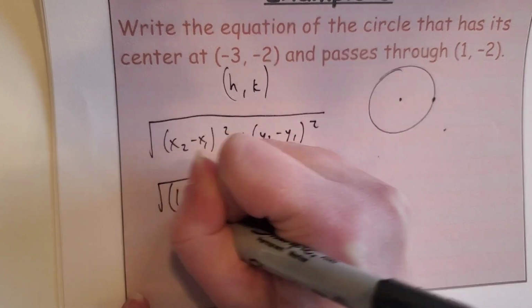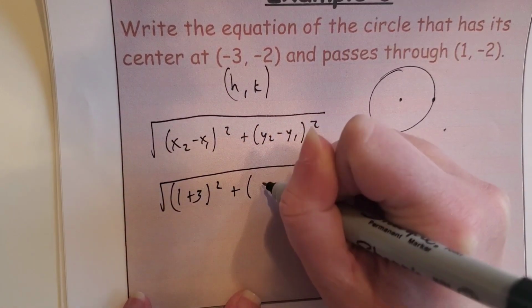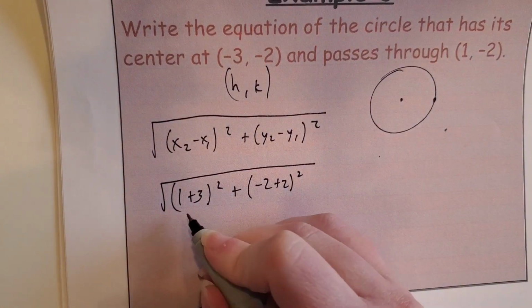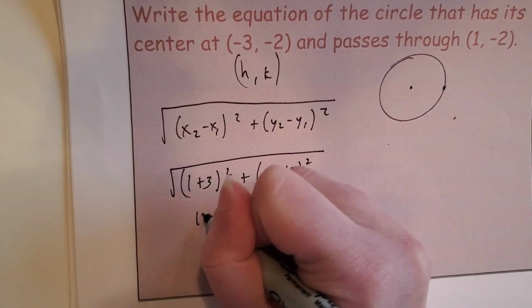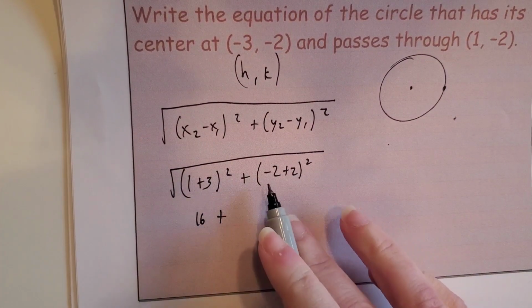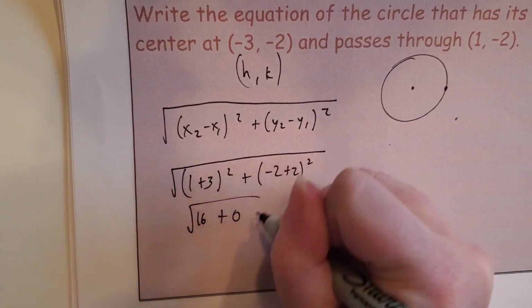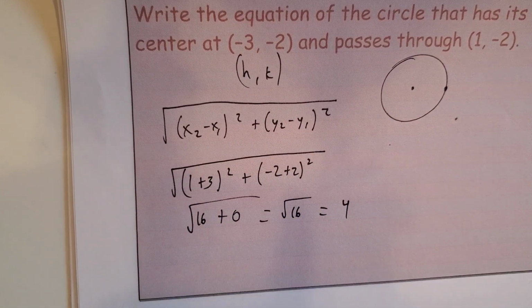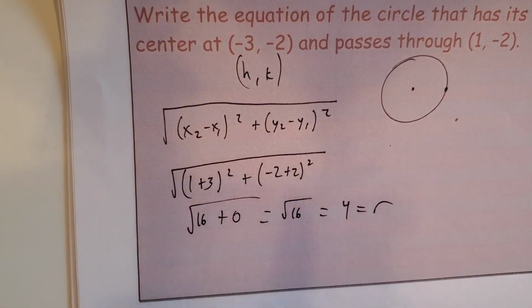1 plus 3 squared plus -2 plus 2 squared. So this is 4 squared, which is 16, plus 0. So the square root of 16 is 4. And that's your radius.